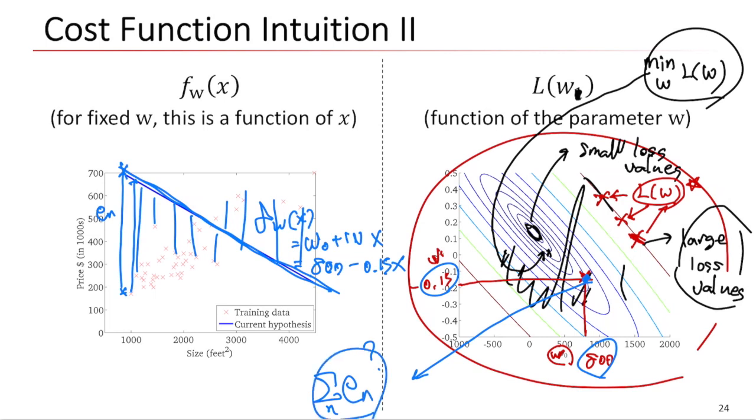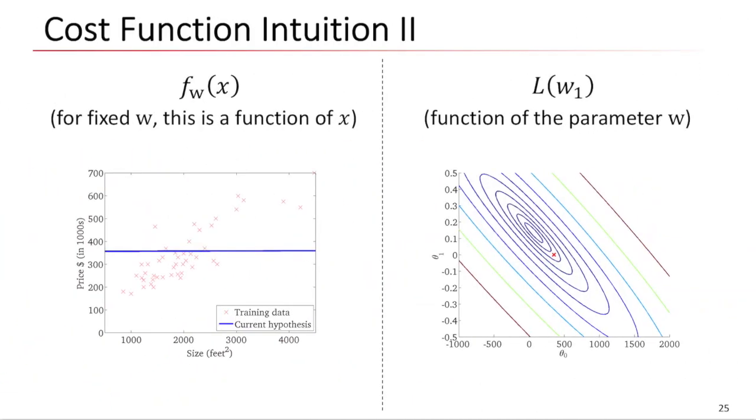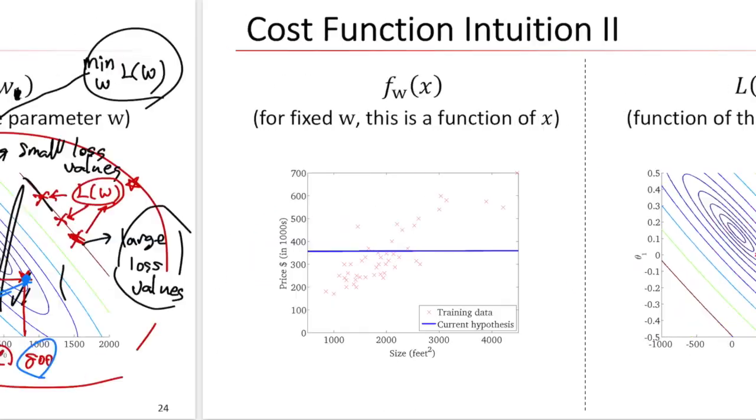That means this loss function represents this value. As you can see, the errors are really large, so we can guess this mapping function is not a good approximation of this data set.